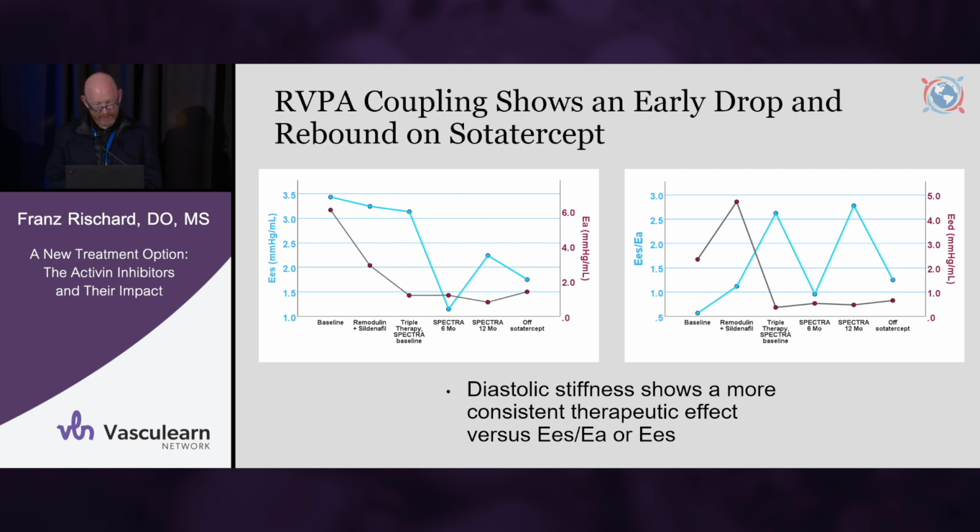And the other salient point here is that although the coupling ratio on triple therapy and at SPECTRA at 12 months are fairly similar, notice that the Ees, or the ventricular contractility, is much lower, indicating that although the coupling ratio is approximately the same, the RV is in a much better spot energetically. And I'll show you some data to support that.